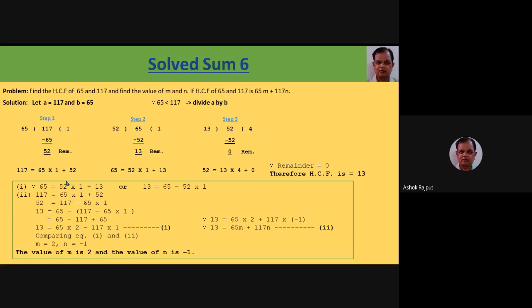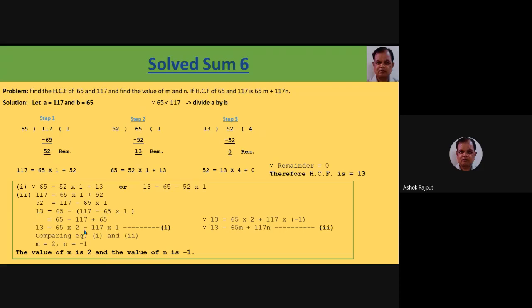We have transposed the 52 into 1 to the left side and rewritten it this way. Now we see 13 equals 65 minus 52 into 1. Now we will find the value of 52 from the next step.